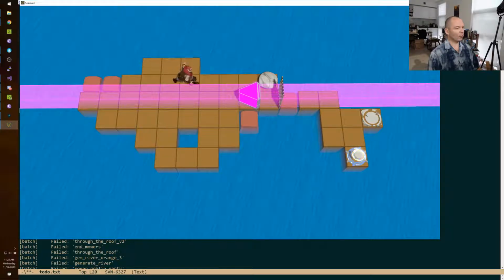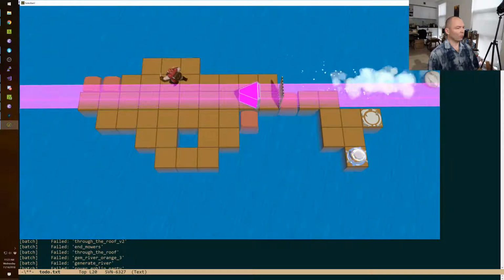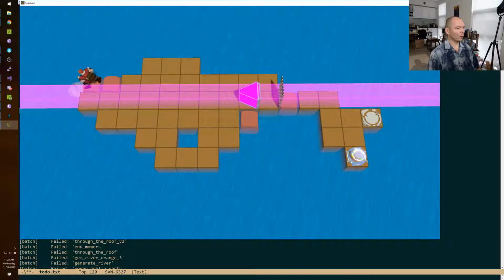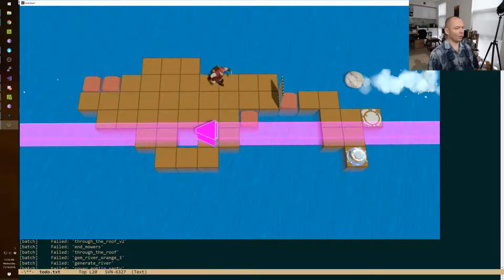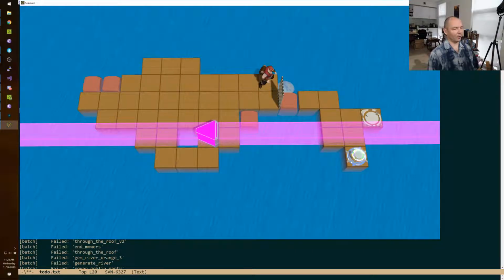I wonder if we changed something about foreign entity occupies square. Oh, dude. This level doesn't even need... Can I actually just run this? Yeah, okay.